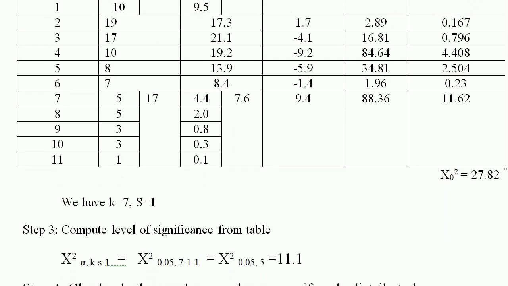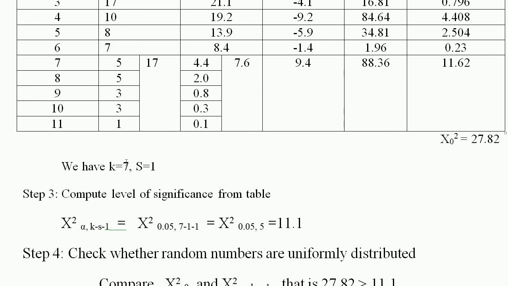Now let us see, we have to find the critical value, that is x square alpha, k minus s minus 1. What is the value of k? What is the value of s here? The value of k is 7, because the number of intervals we got is 7.